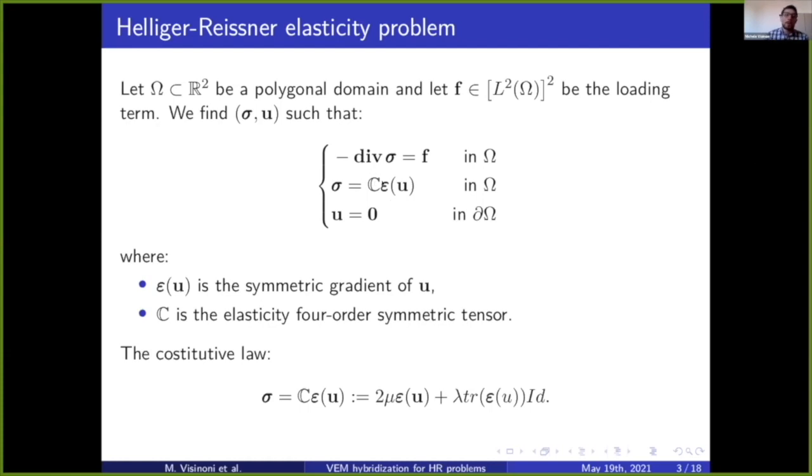For this problem, we consider the linear elasticity problem, and the material is homogeneous and isotropic. This is the strong formulation.